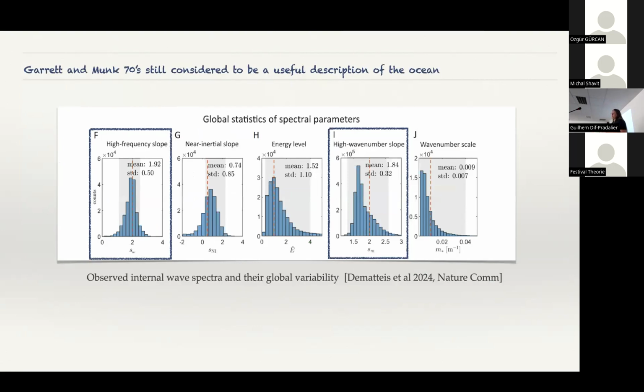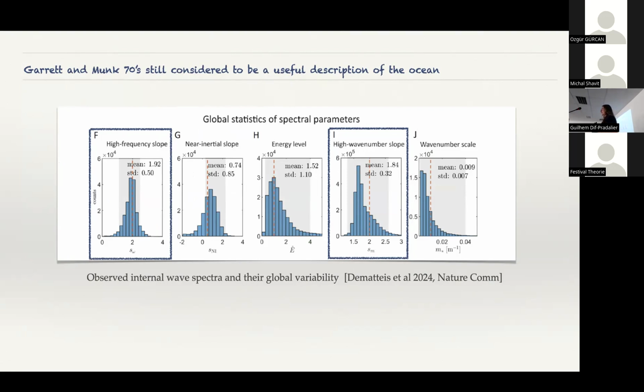Okay, so just to be more honest with you, of course, in the 70s most of the measurements had the same slopes, but if you also include measurements from recent years, you have some variability in the power laws that you measure in the ocean, in the energy density.